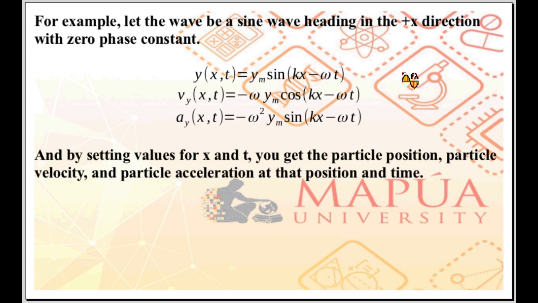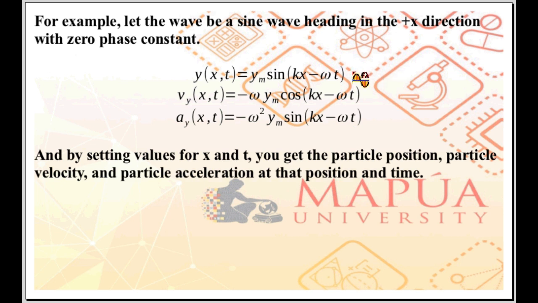By differentiating the position function with respect to time, we get the velocity function, vy of xt. We get the following equation: negative omega ym cosine of kx minus omega t. Differentiating a second time, we get the acceleration function, ay of xt is equal to negative omega squared ym sine of kx minus omega t.